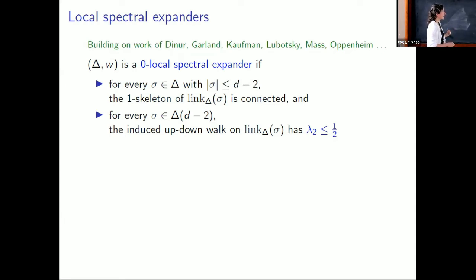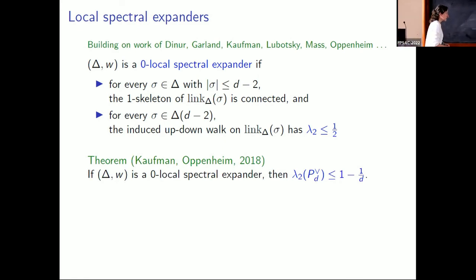So if the one skeleton of all of its links are connected, I apologize for not defining what a link is, but if some combinatorial condition holds, which is the connectivity of some graphs, and also that if I take links of large faces, the transition probabilities of the corresponding induced random walks have eigenvalue at most a half. So high level, some combinatorial condition plus some bounds on the eigenvalues of what happens in some local pieces.